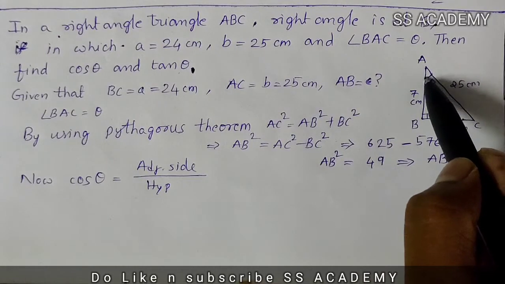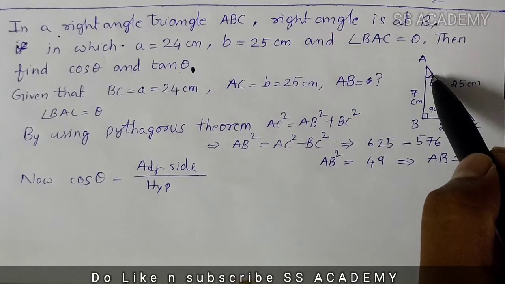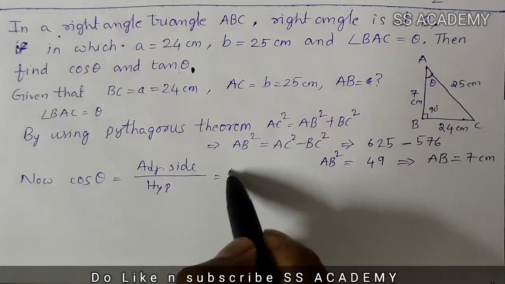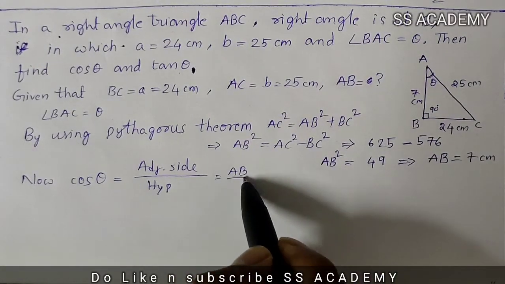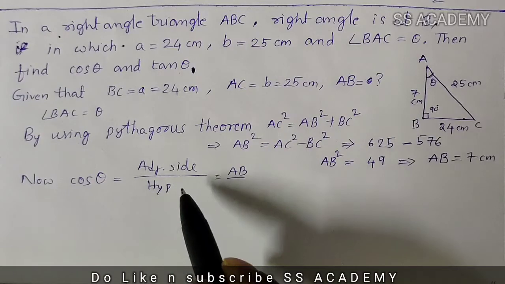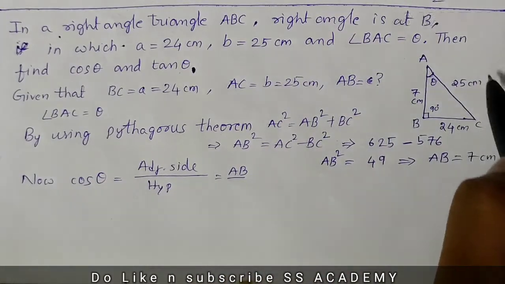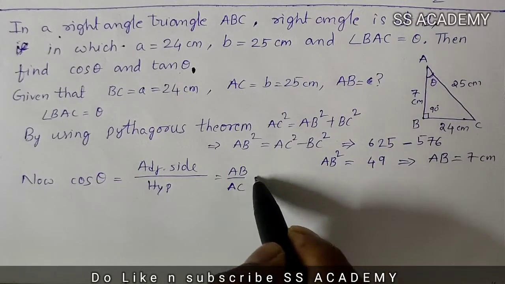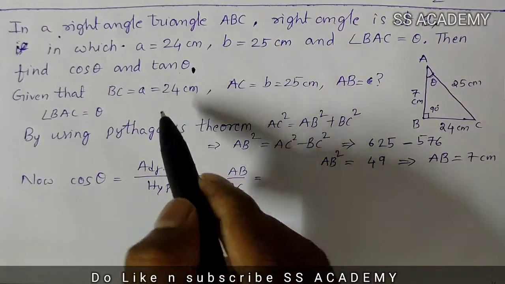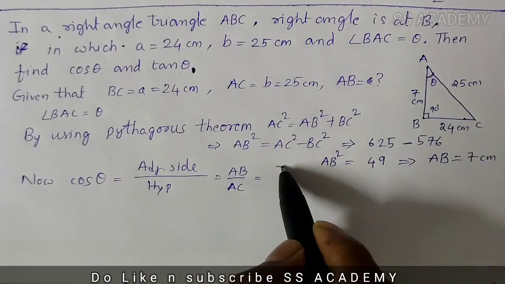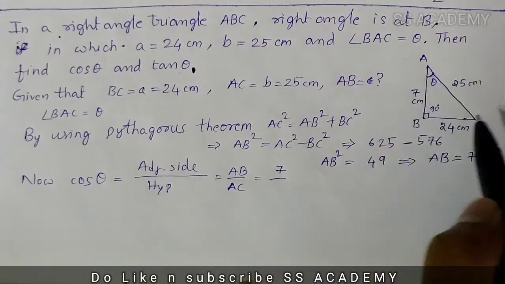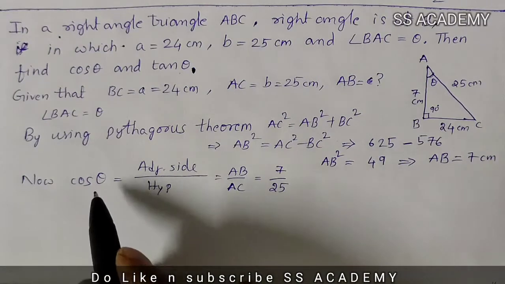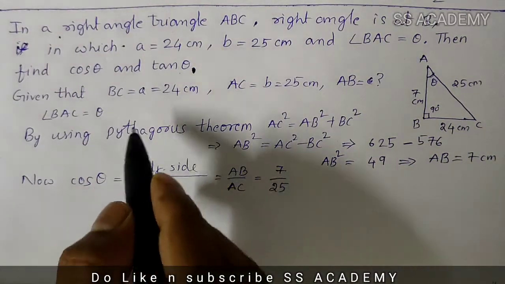Theta is here. The side adjacent to theta is AB. So that implies AB by hypotenuse. The longest side will be the hypotenuse, which is AC. AB equals 7, AC equals 25. So 7 by 25 is cos theta.